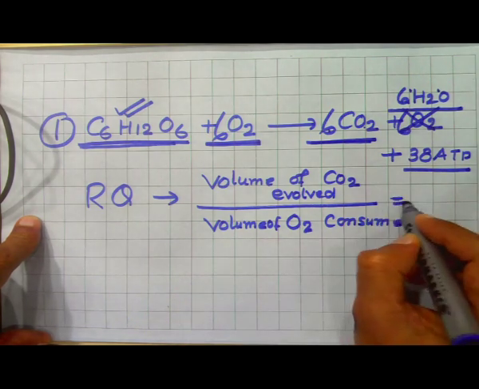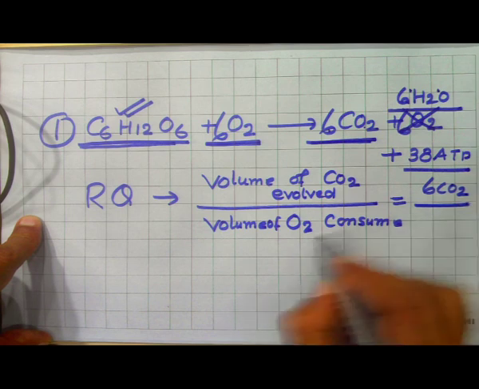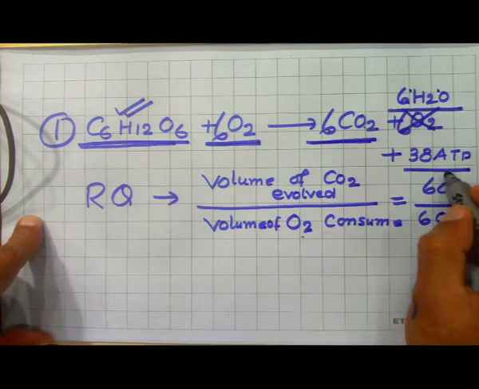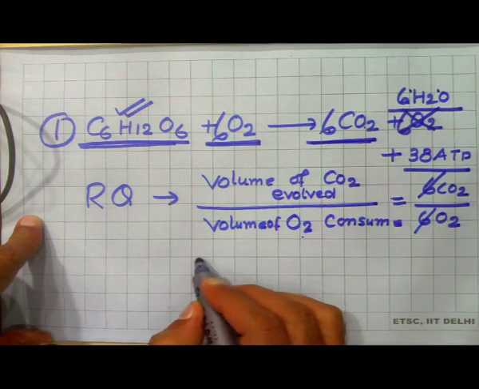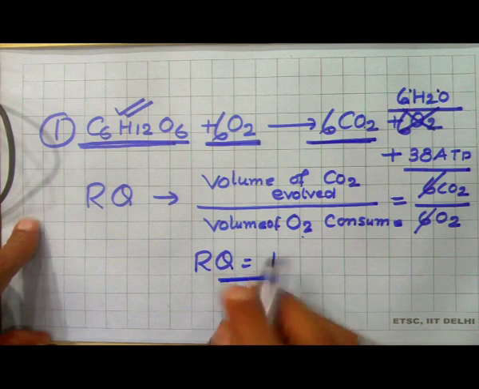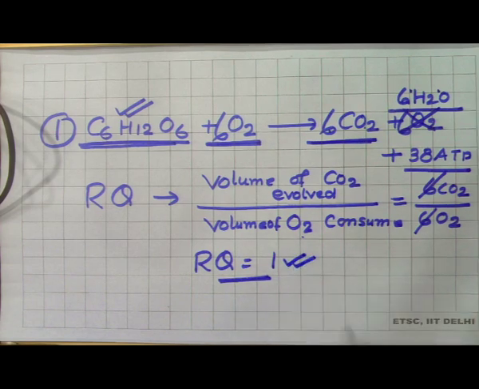Here the volume of CO2 is 6 CO2, and the volume of oxygen consumed is 6 O2. So, RQ is 1. So, the respiratory quotient for glucose is 1.